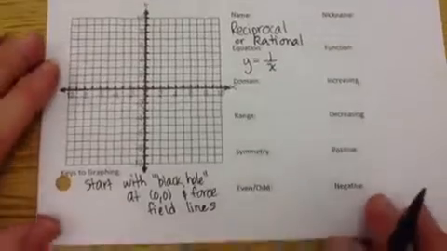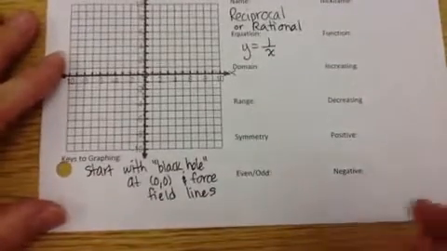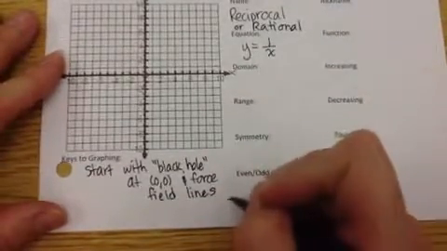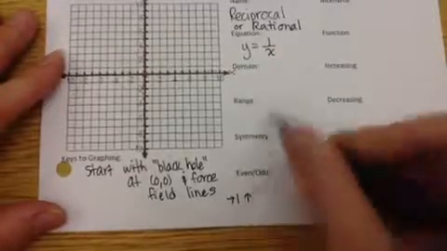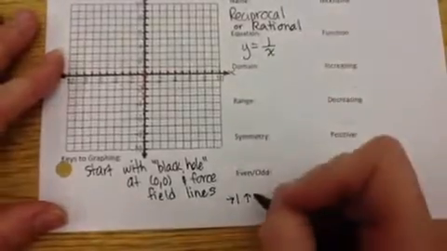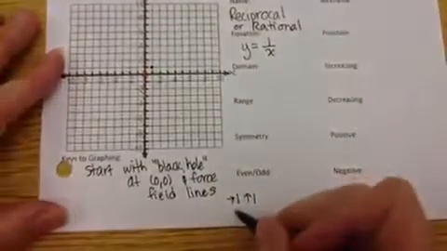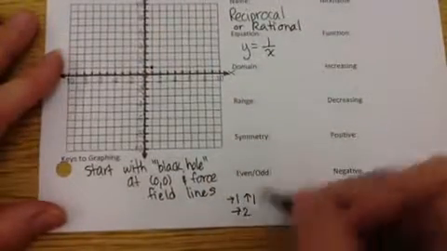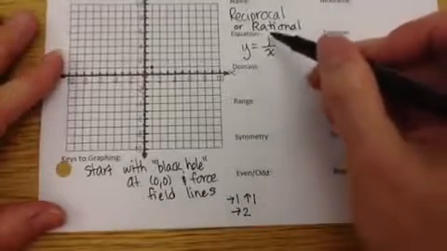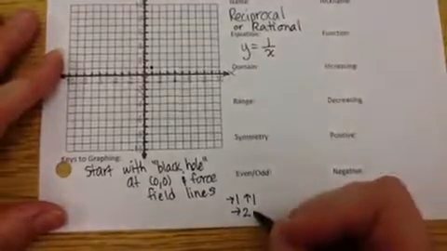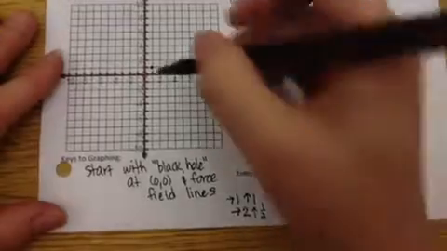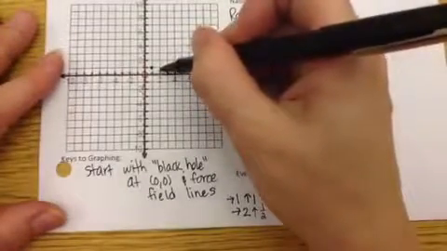And then from that black hole, we will move in this pattern. We will move right 1, and up, if I put 1 in for x, I'll get 1. So right 1, up 1. Then if I move right 2, put 2 in for x, I'll be moving up 1/2. So right 2, up 1/2.